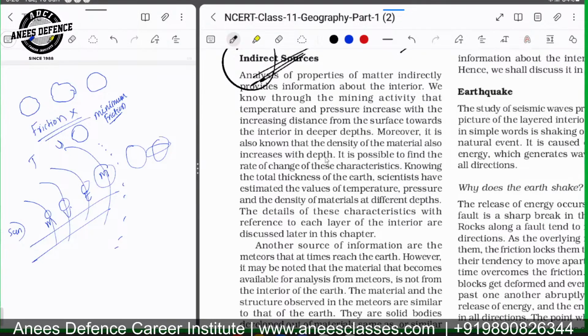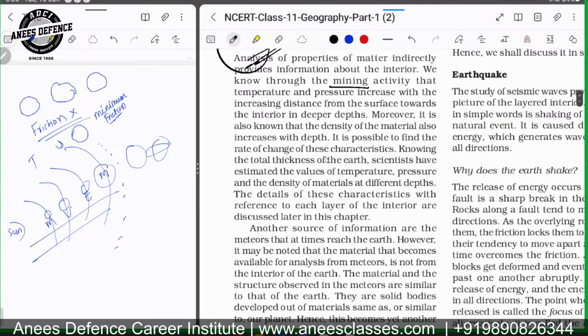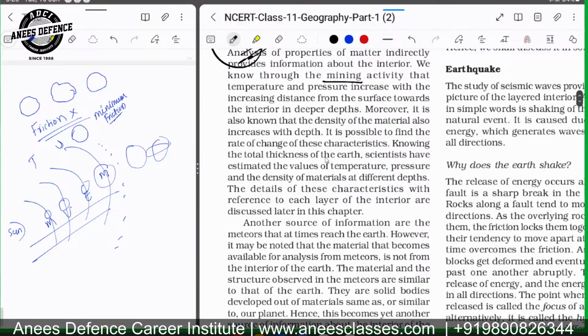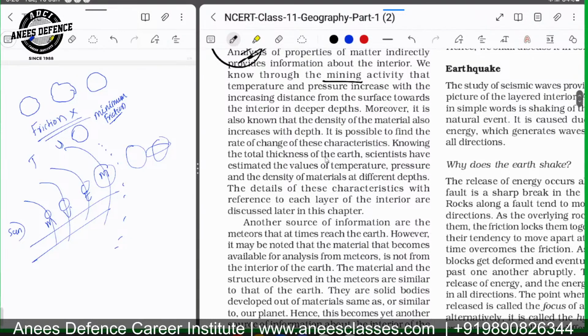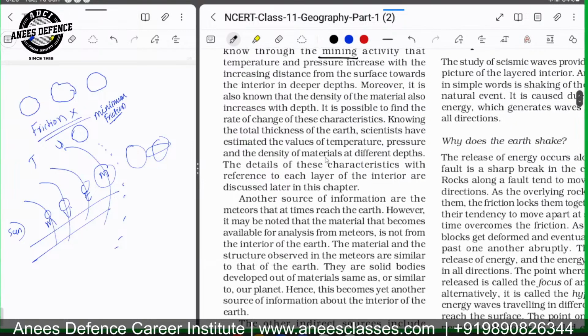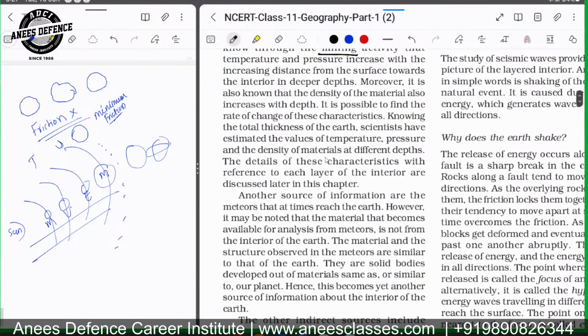We know through mining activity that temperature and pressure increase with increasing distance from the surface toward the center of the earth. Moreover, it is also known that the density of material also increases with depth. It is possible to find the rate of change of these characteristics.